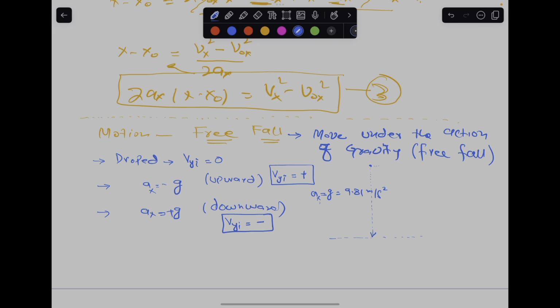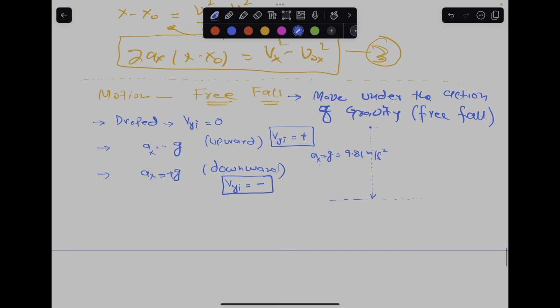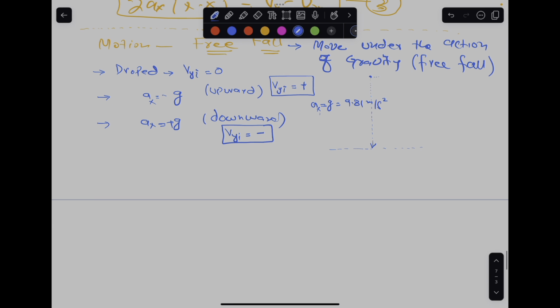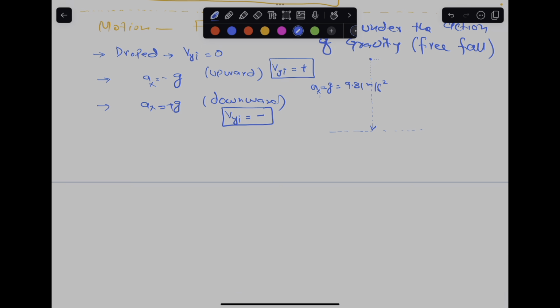So under the action of gravity, your equations of motion will take this form. Your first equation of motion becomes Vy is V naught of y plus gt.